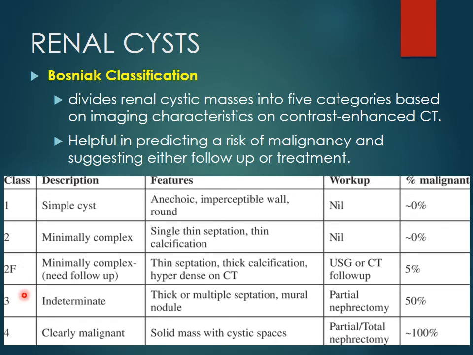Class 3, or the indeterminate lesions, would have thick or multiple septations and a mural nodule. Class 4 would be the malignant lesions, wherein a solid mass with or without cystic spaces would be seen, and the treatment is usually a partial or total nephrectomy.